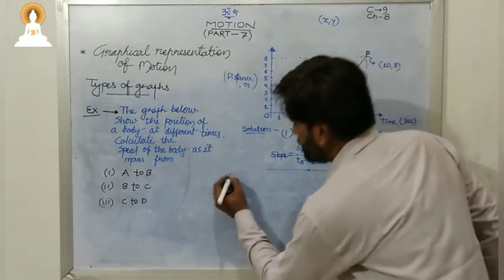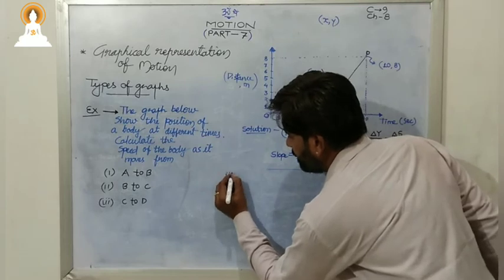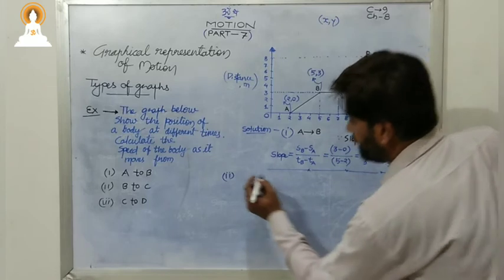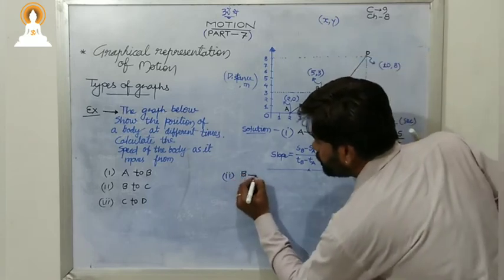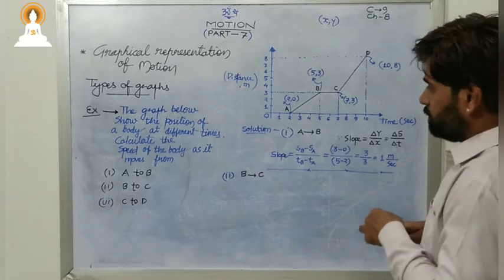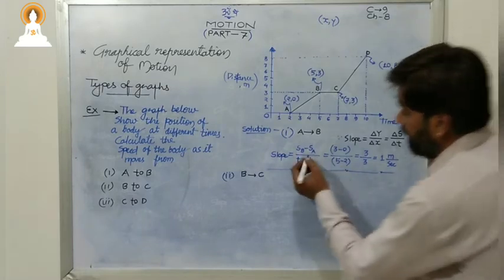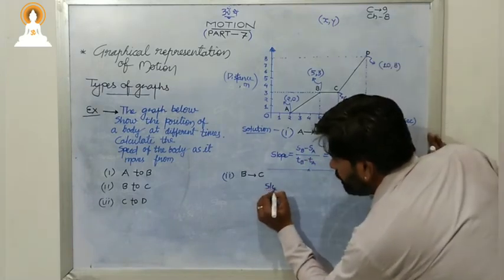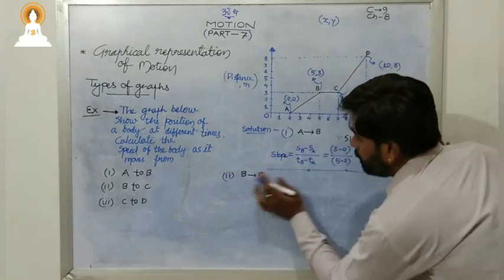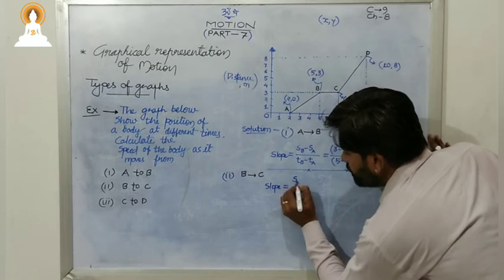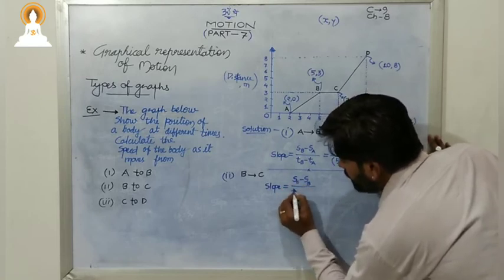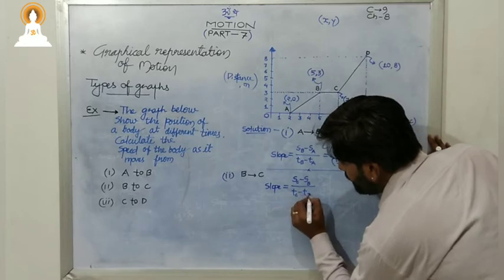Now let us solve the second one. In the second, we have to calculate it from B to C. Again, the slope will be SC minus SB upon TC minus TB.